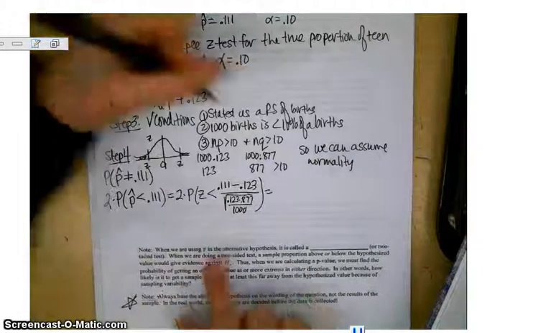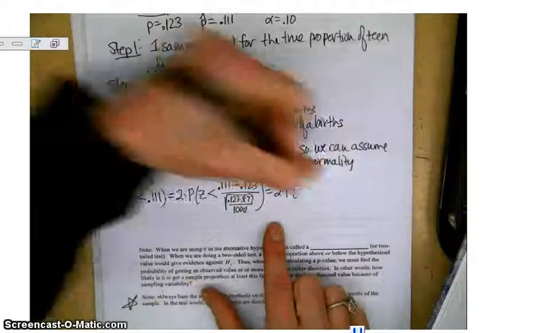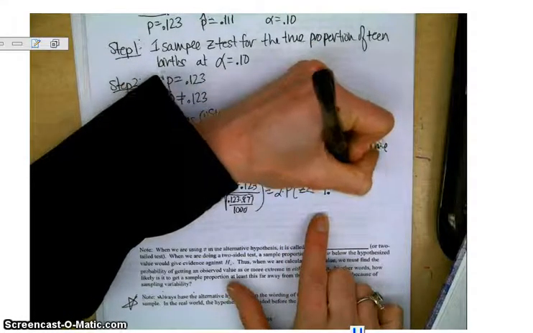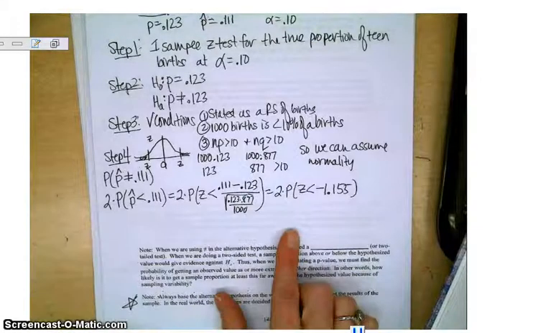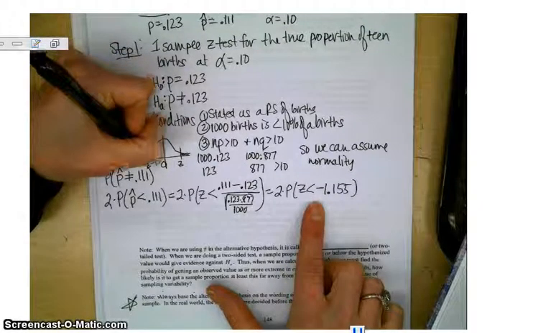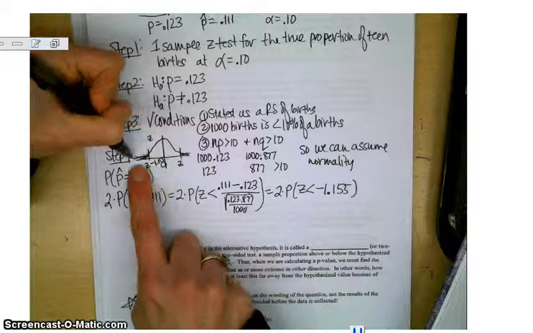Now I do that calculation on my calculator. I already have it done, so you don't need to do it. So the probability that z is less than negative 1.155. I'm finding this side, this is my z-score, negative 1.155. What's the probability that it's less than that?